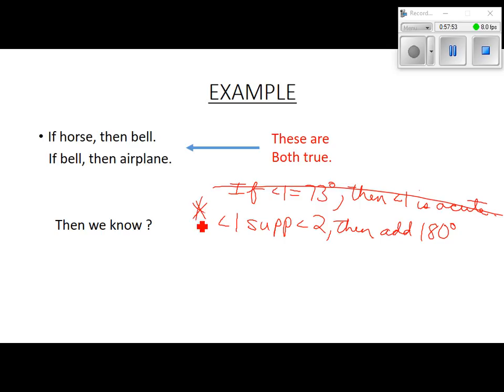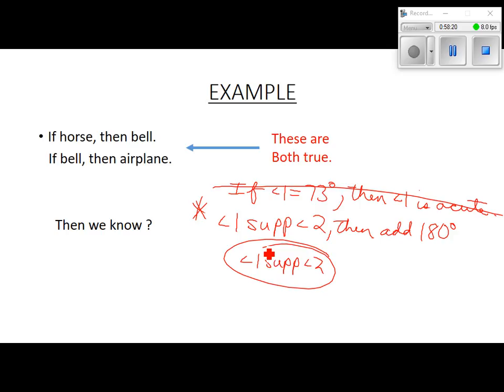If I split that apart and I say angle 1 is supplementary to angle 2, that all by itself is true. So I'm telling you, angle 1 and angle 2 are supplementary. What conclusion can you draw from all that? Then angle 1 and angle 2 have to add up to 180.